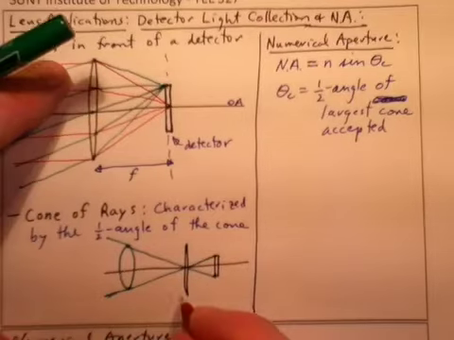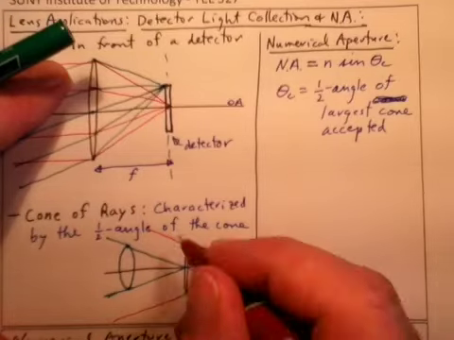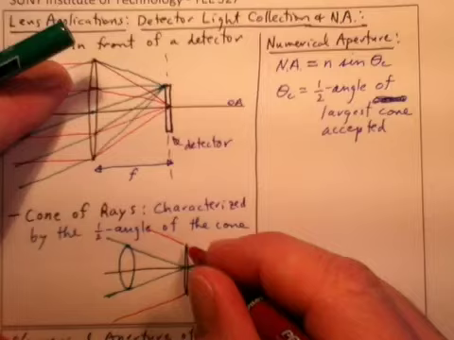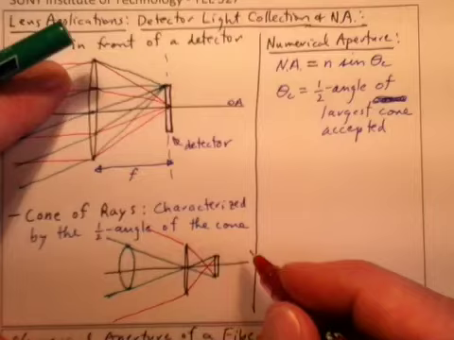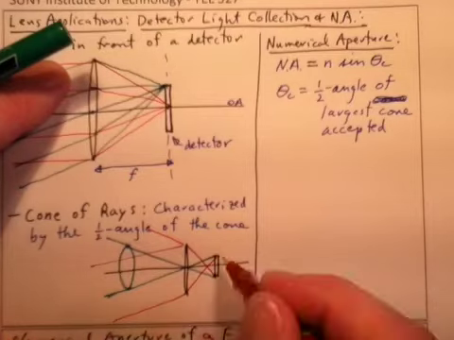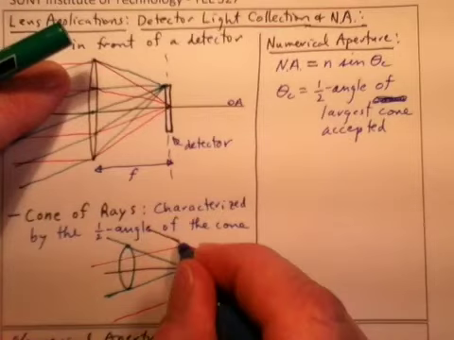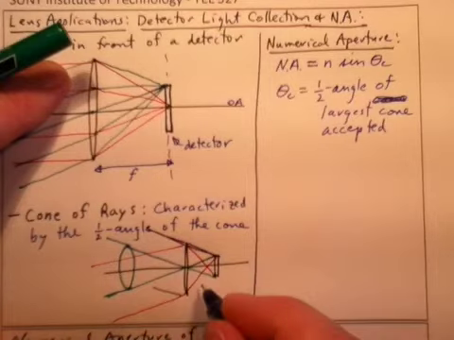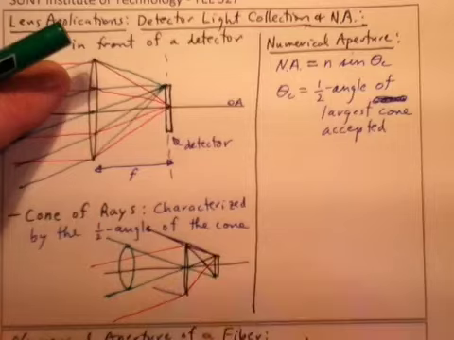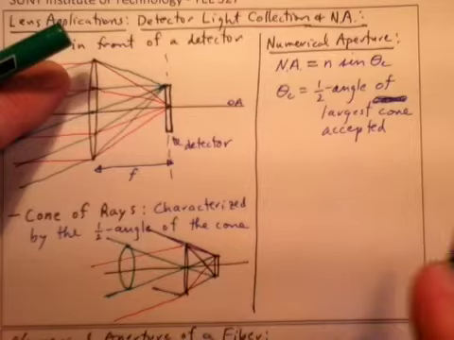Actually, if I bring in rays parallel to those two, they will also be brought in and hit the detector. Okay, so let me draw these two. Maybe I'm running out of colors here. Maybe this one should be blue, and another one parallel to it could be brought in.